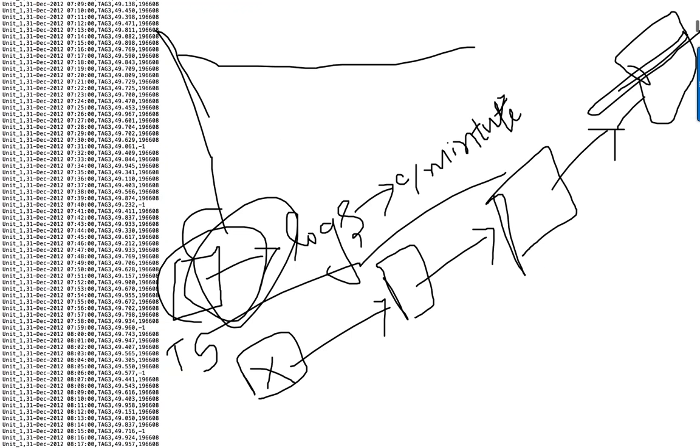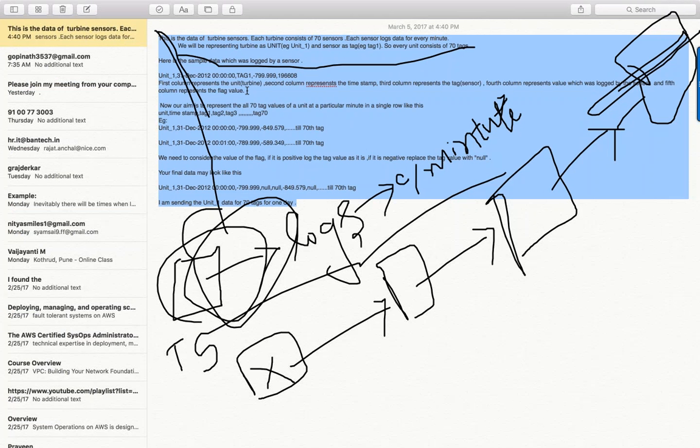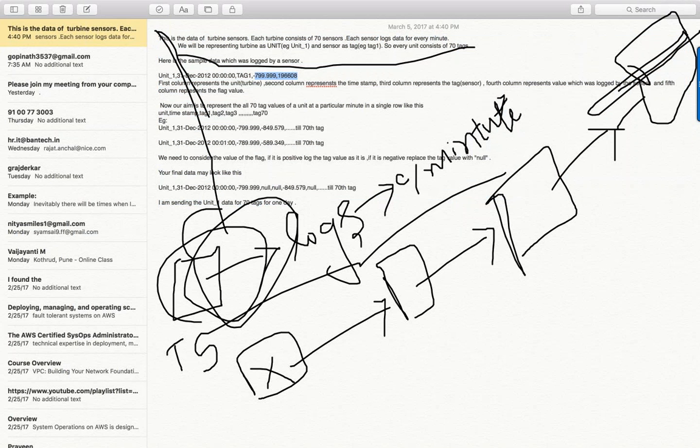As I mentioned, there are different units. If you take this, this is a unit. In this unit, it will give the time frame as well as the tags, and also the units.